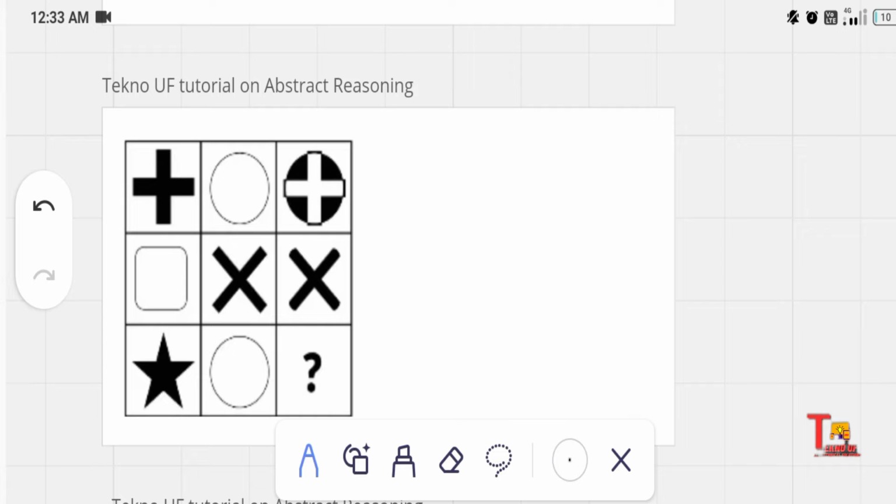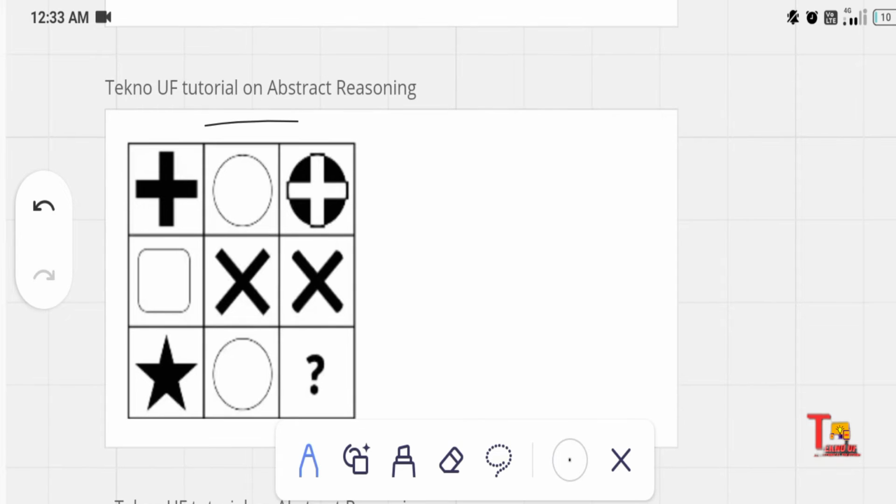Look here, I'm first going row wise, right? Here in the first box this is a plus, and the second box this is a circle, and the third box is a composition, actually a compound of plus and circle.